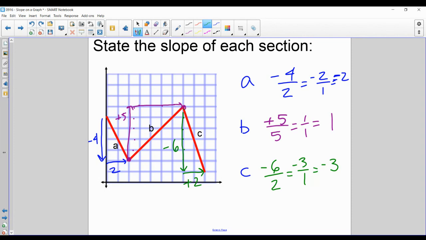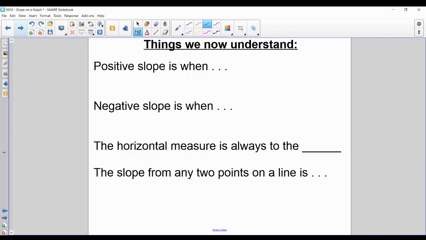I want to introduce one new thing here. Or first, let's summarize that. Positive slope is when the line goes up from left to right.